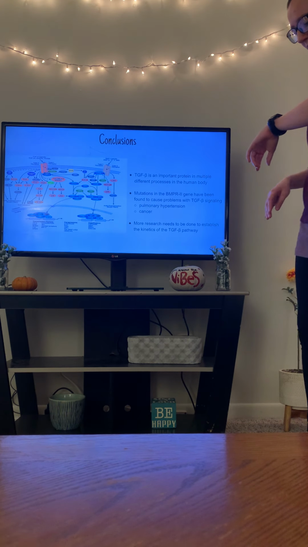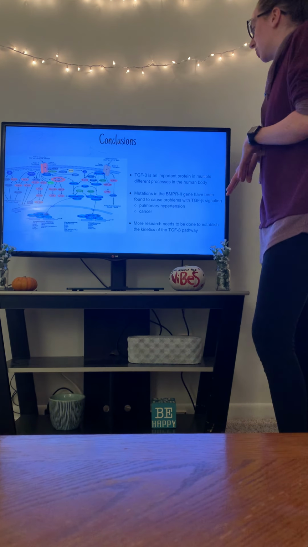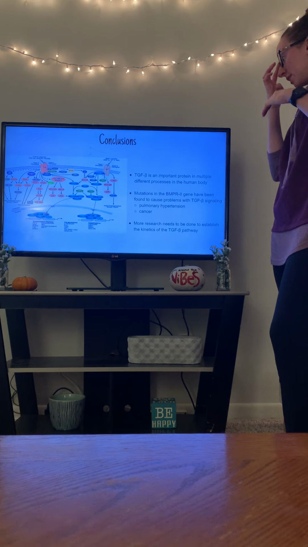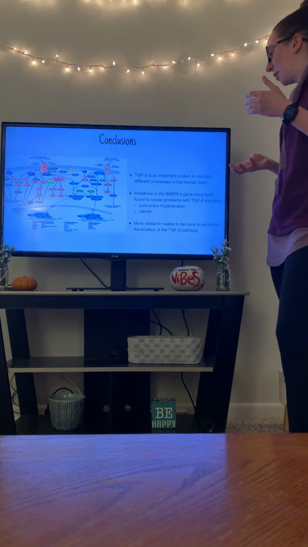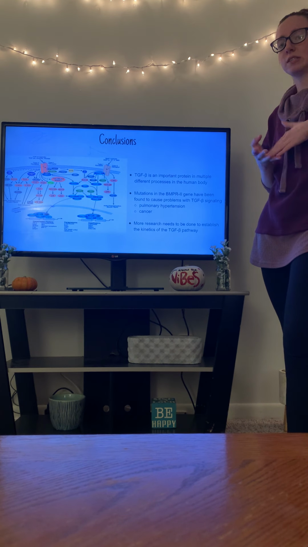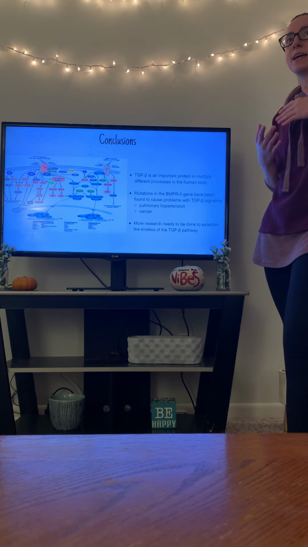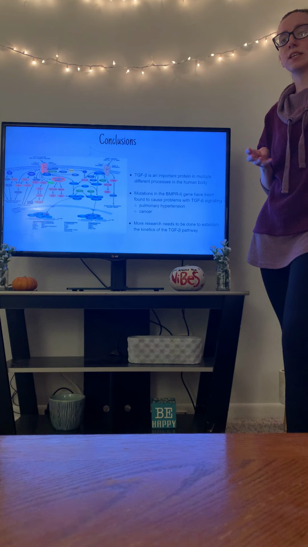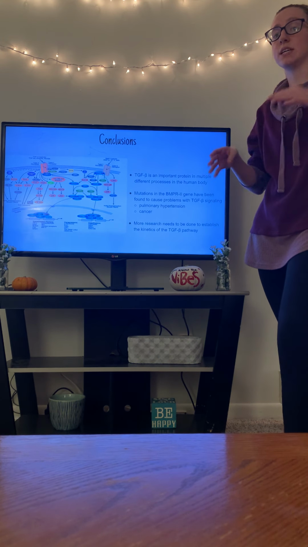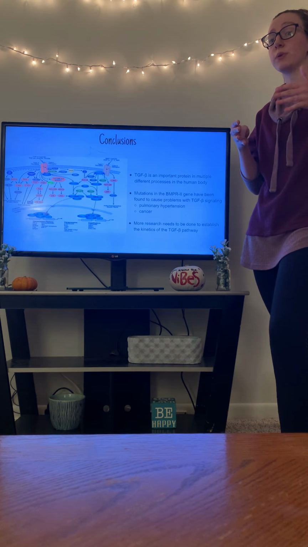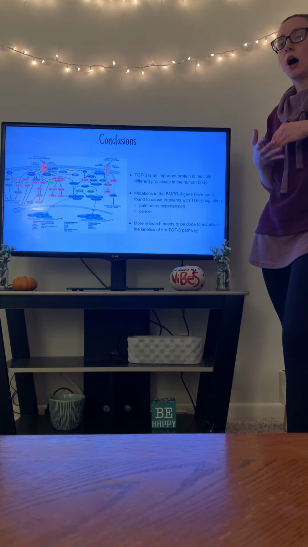So pretty much in conclusion, as I said before, TGF-beta is very, very important in multiple different processes in the body. It is the thing that acts on cells that tells them to either proliferate, or stay dormant and stay how you are, or have apoptosis occur.